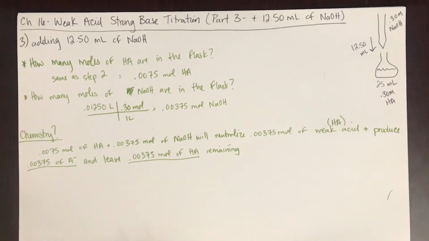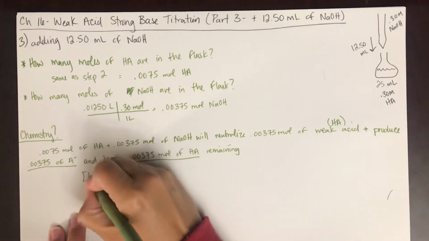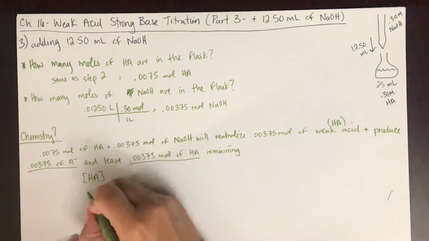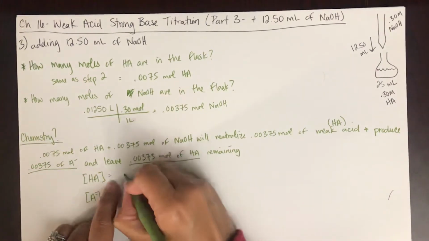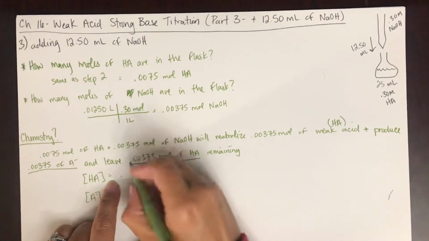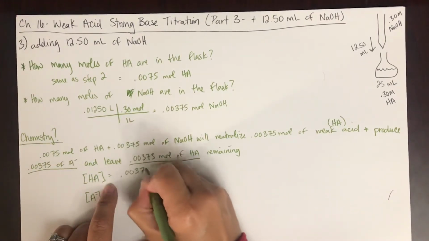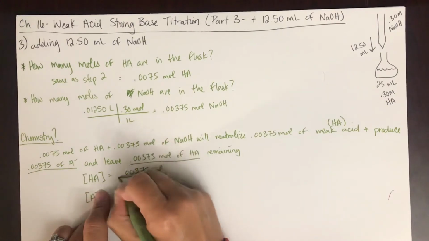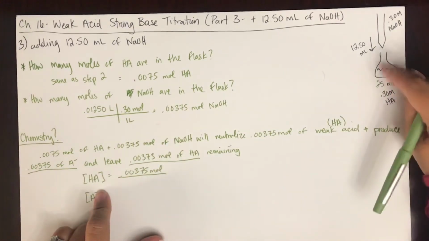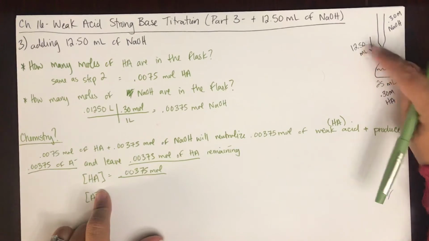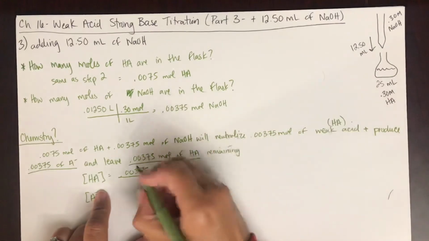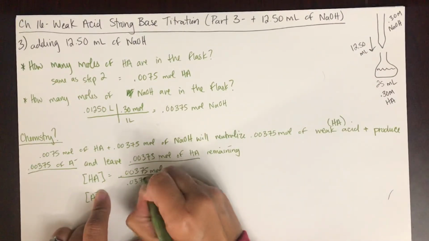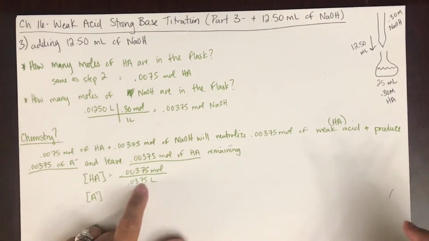We need to figure out the concentrations. So we're going to use the number of moles to solve for the concentrations: concentration of weak acid, concentration of conjugate base. I have 0.00375 moles of weak acid. My total volume is going to be 12.50 plus 25, that's going to be 0.0375 liters, 37.5 milliliters.